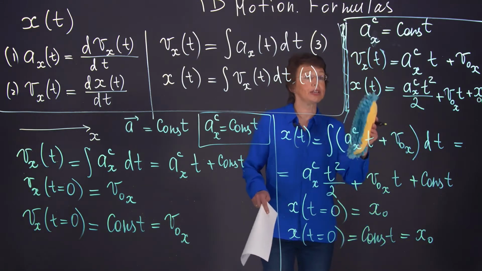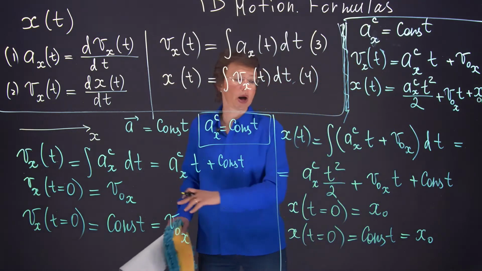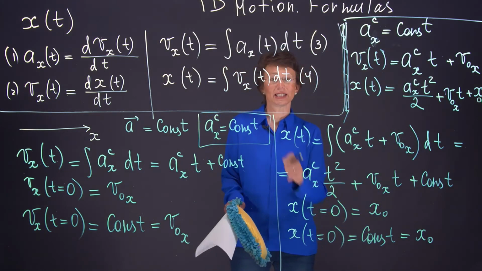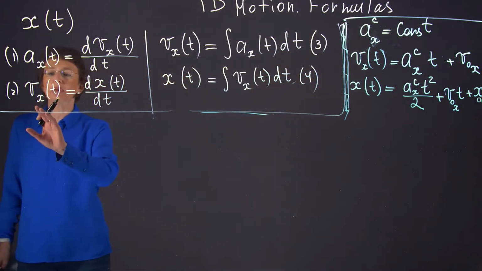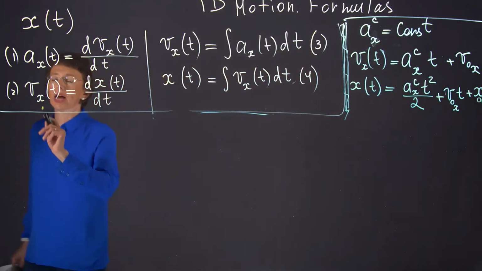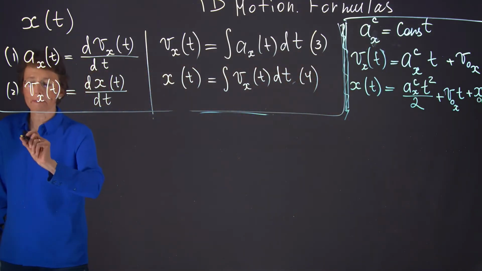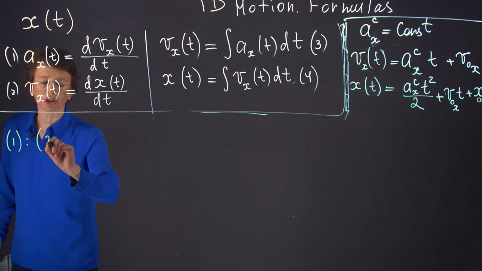To derive this formula, I will use the definitions 1 and 2. I need to erase. Please stay with me. Give me a second. Let's use formulas 1 and 2 for this specific case, constant acceleration. I will take equation 1 and I will divide it by equation 2.